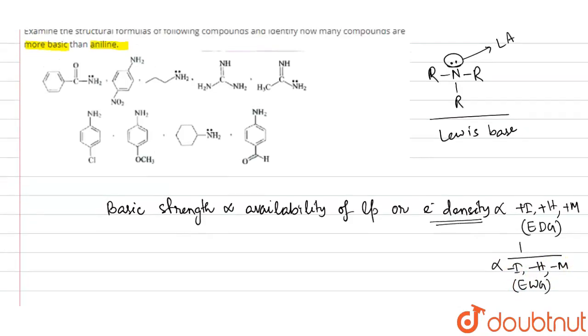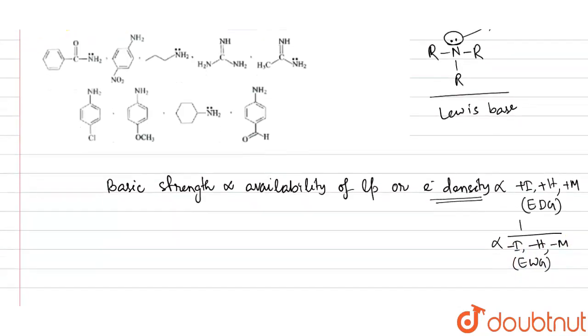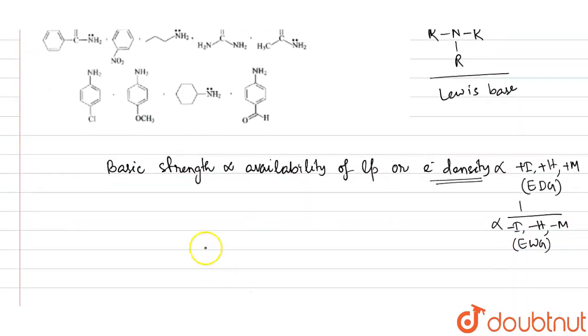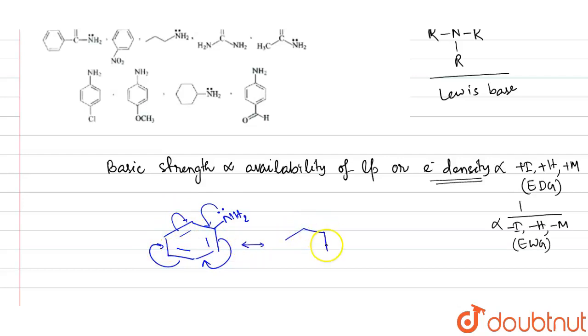So now let us look at the compounds. First let us know the structure of aniline. This lone pair of nitrogen is in conjugation with the phenyl ring like this. These pi bonds can circulate inside the phenyl ring and we can have another resonating structure like this. So this is NH2 plus, and here we have the pi bonds, and here we have a negative charge.